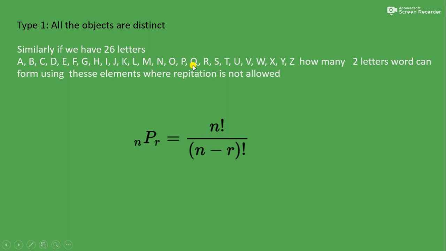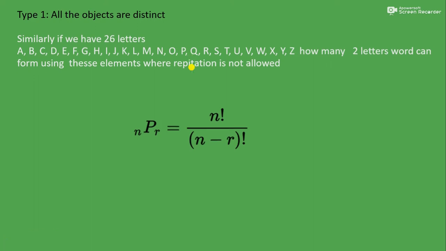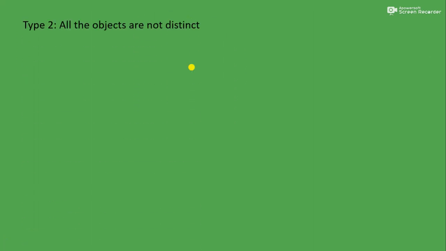In such a case, where all the objects are distinct, we can use the formula n factorial divided by (n minus r) factorial. Distinct means there is no repetition. Today in this lecture we are going to discuss type 2, where all the objects are not distinct.